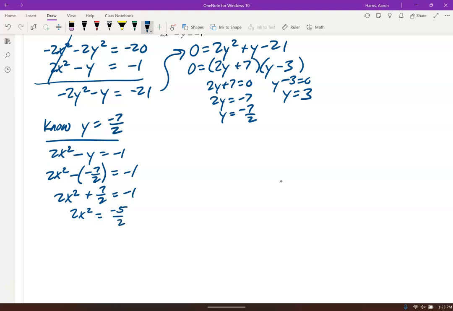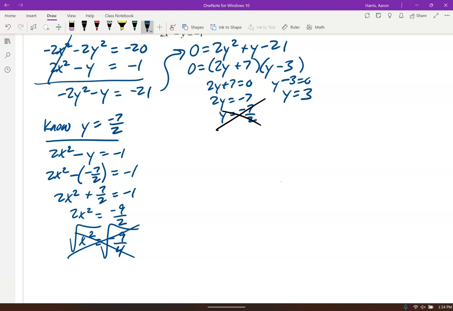Or I'm sorry, negative 2/2 minus 7/2 is not that. It's negative 9/2. There we go. Divide by 2 on both sides. Now the problem is when I square root this it is an imaginary number. The square root of a negative 9/4. That's imaginary. We're not working in the imaginary numbers. So you throw that out. We're just trying to see where these graphs cross on the real Cartesian coordinate system, right? The x and y plane.